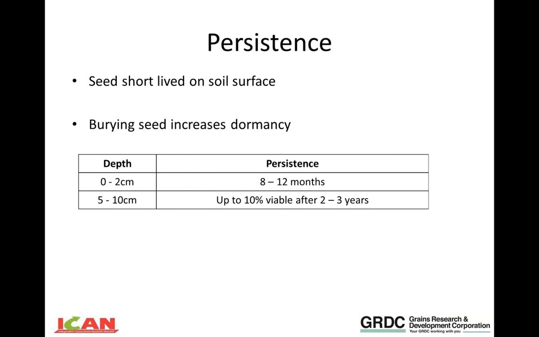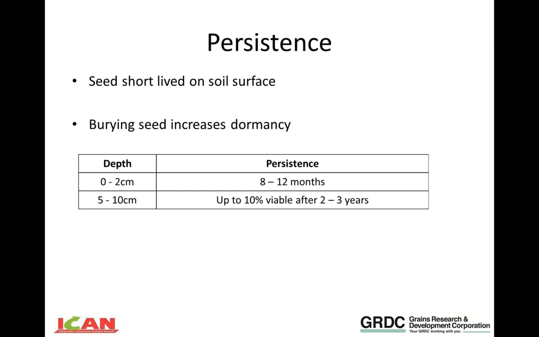You can see in the table that when it's buried at a 0 to 2 centimetre depth, the persistence is generally for 8 to 12 months. So that's the period of time that you'll have viable seed present. However, when you bury the seed, that increases the dormancy. So we've done this work in pot trials, and at 5 to 10 centimetre burial depth, even after 2 to 3 years of burial, 10% of that seed is still viable.